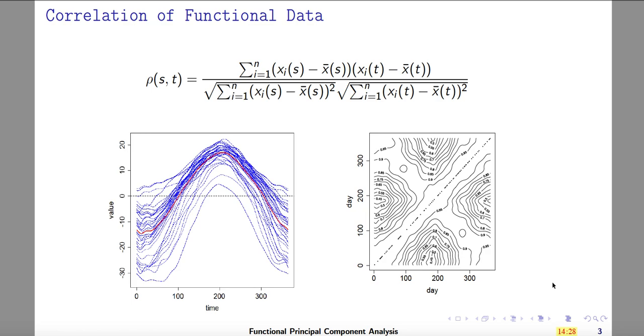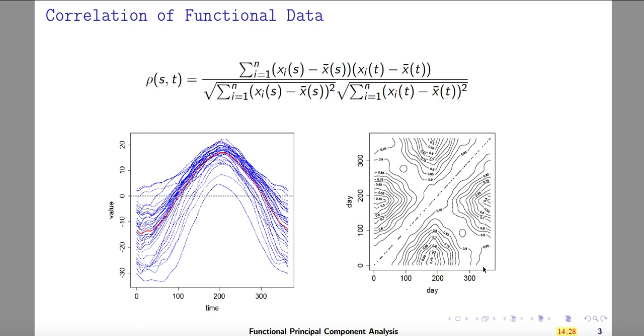This is the definition of the correlation for functional data. The correlation for this temperature curve is shown on the right panel. This is a contour plot. It shows the correlation of the temperature curve at time t with the temperature curve at time s.